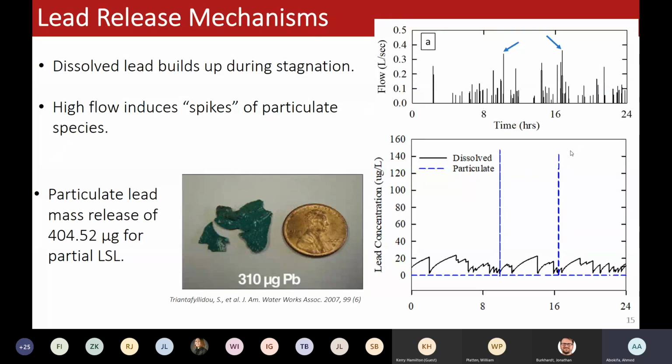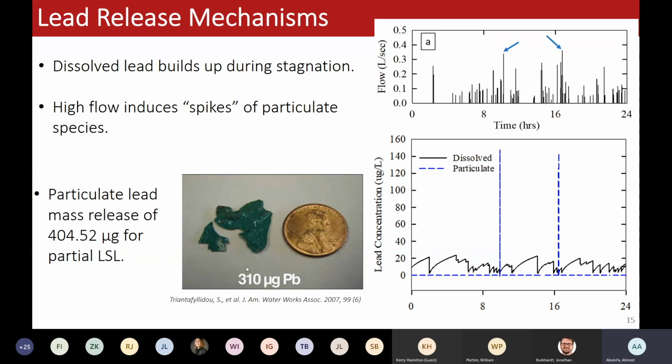That could partially be because the first flow event exhausted most of the particulate lead potential, and then the generation function didn't really generate enough lead to completely replenish that reservoir of particulate lead. So that explains why we see this lower peak in the particulate lead release, whereas the flow event here was higher than here.